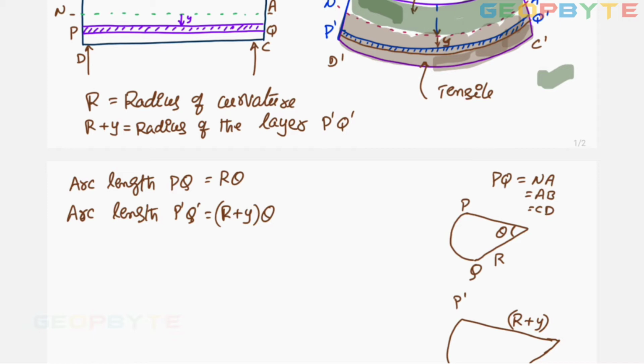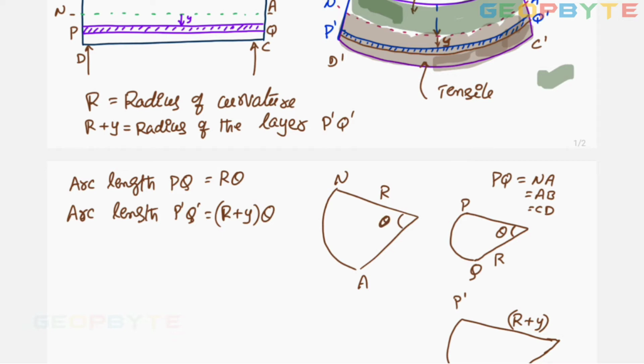Originally, before bending, PQ is equal to the length of the neutral axis. This is the neutral axis, and it is at a radius of R. The angle is theta.